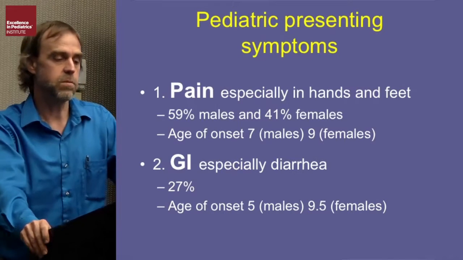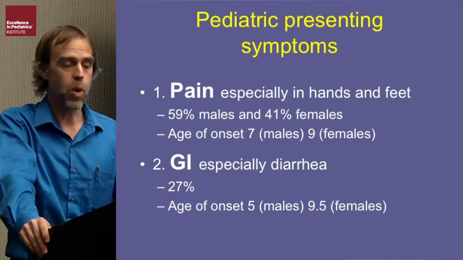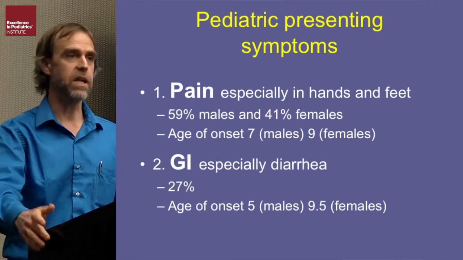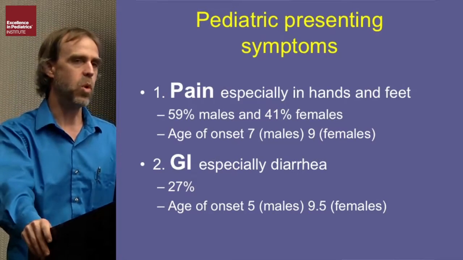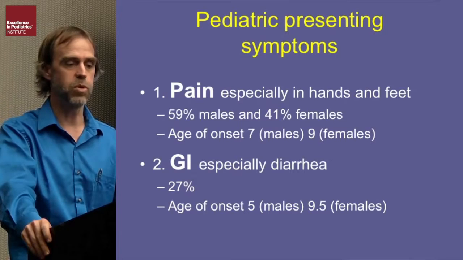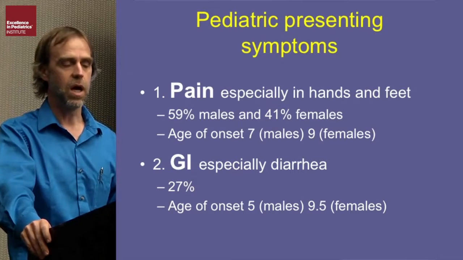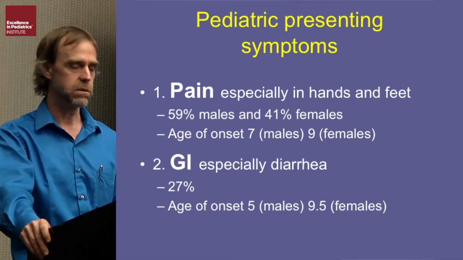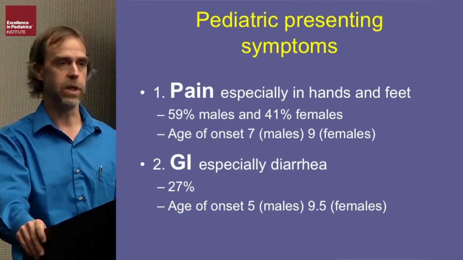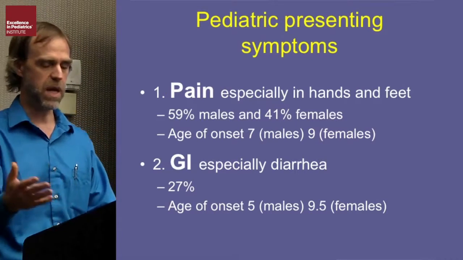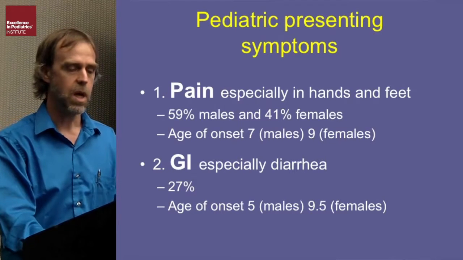Now, the GI symptoms, boys and girls had an equal risk for reporting that symptom, with 27% having some GI symptoms, 19% having diarrhea as a major presenting symptom.